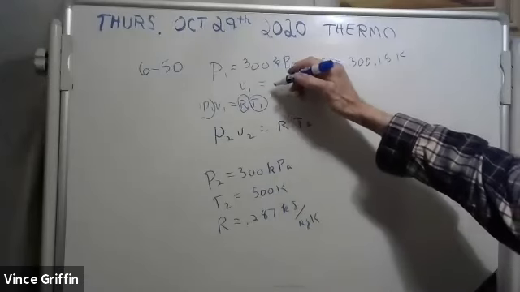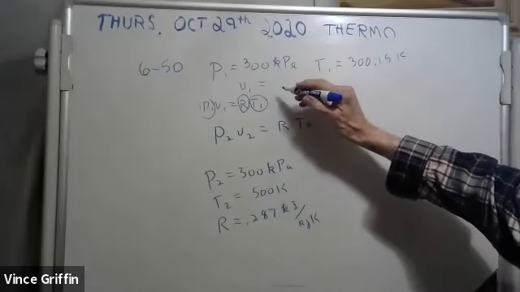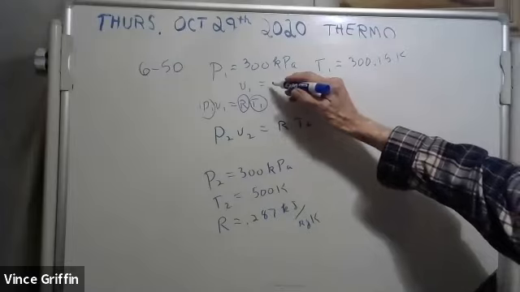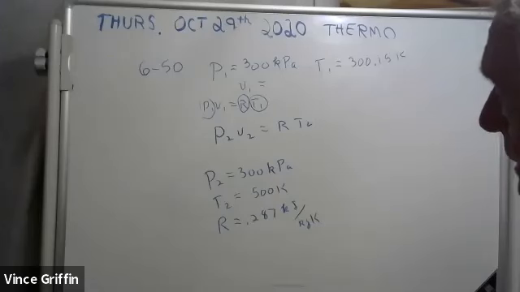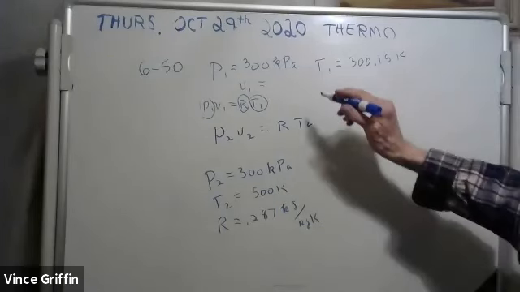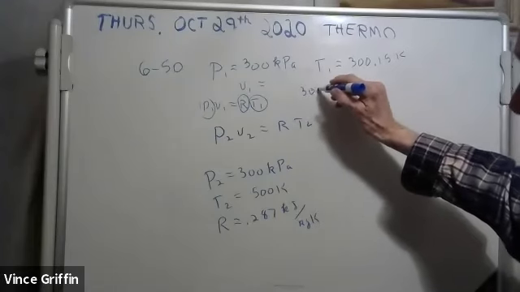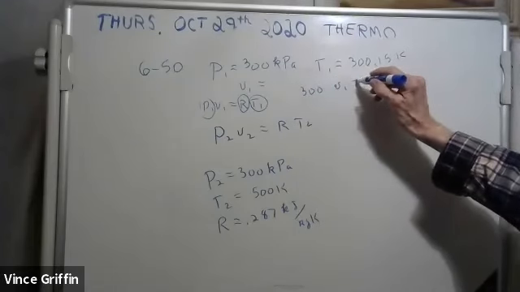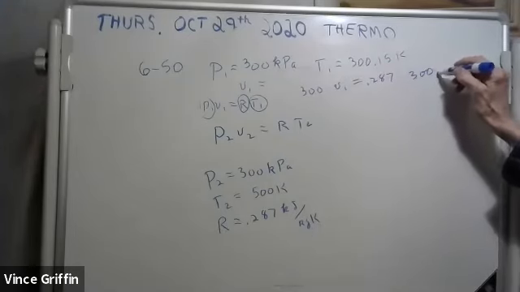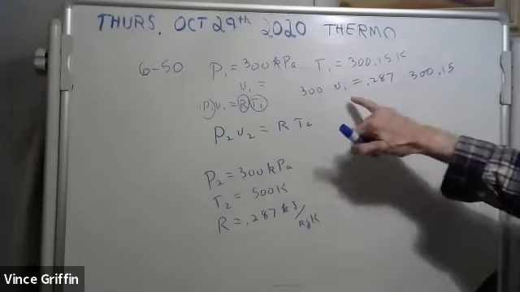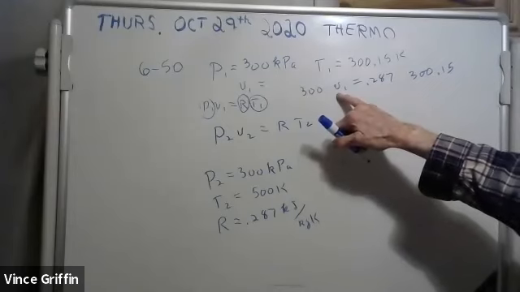Back to Reagan. What'd you get for V1, Reagan? I got 263. That's not what I got. But when I put in 300 times V1 equals 0.287 times 300.15, I did not get 263.